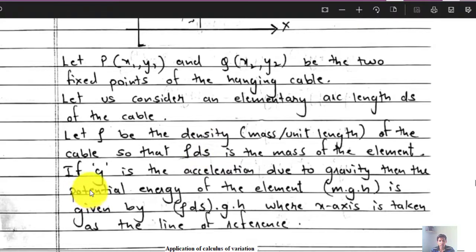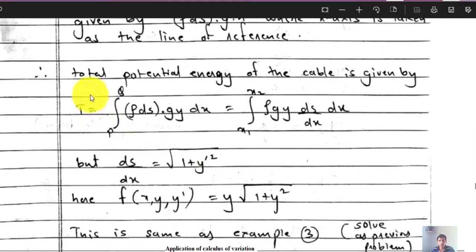If g is the acceleration due to gravity, then the potential energy of the element, mgh, is given by rho ds g y, because this is mgh, where the x axis is taken as the line of reference. So the total potential energy of the cable is given by the integral from P to Q of rho g y ds, with limits x1 to x2.